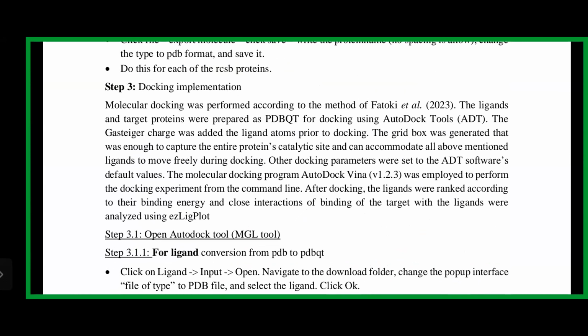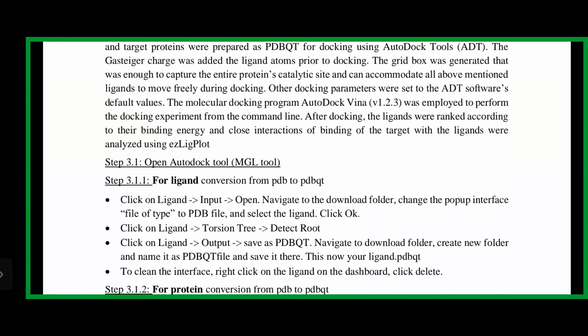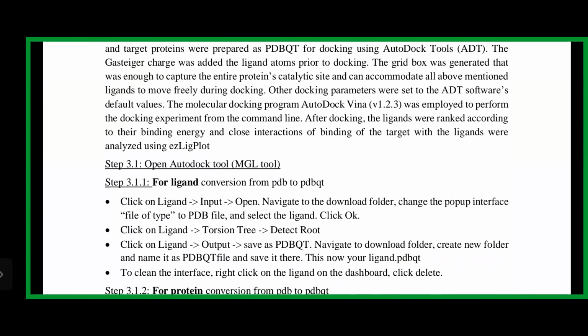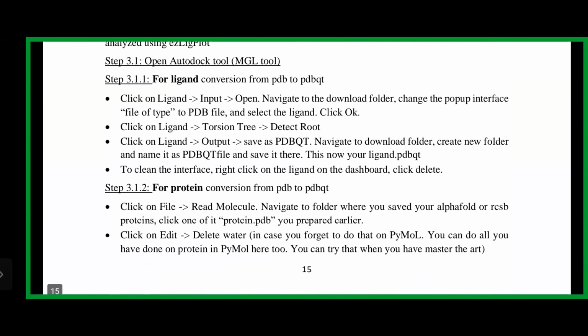So we have to use AutoDock Tools to convert those files. The ligand, we use AutoDock Tools to convert it to a PDBQT file, and also our protein, we have to convert it to a PDBQT file. But before we convert the protein to PDBQT, we have to add what we call polar hydrogens.